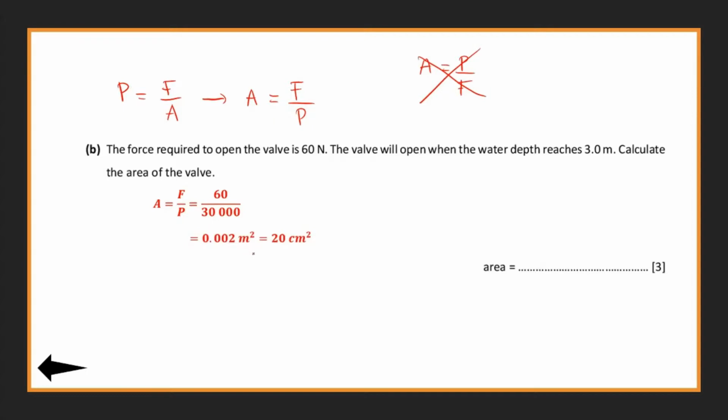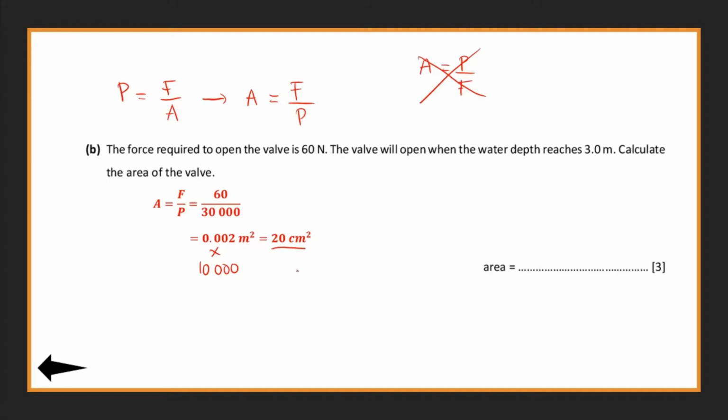0.002 meter squared. If you want to write down this value in centimeter squared, just multiply the value here by 10,000. Multiply the 0.002 by 10,000. Then you will get this value as the area of the valve in centimeter squared unit.